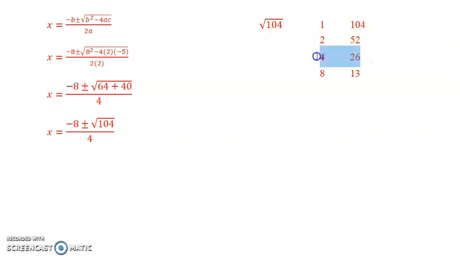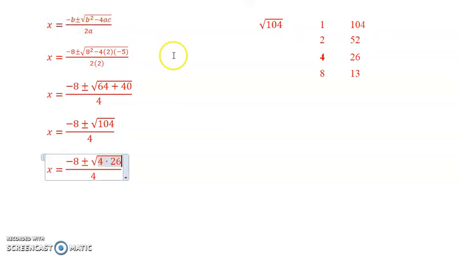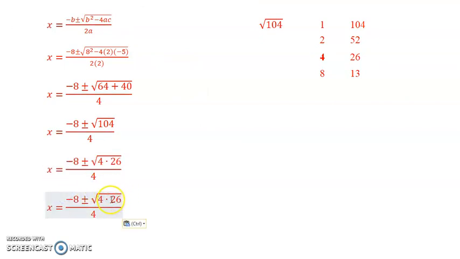So if you recall, we want to rewrite the square root of 104 as the square root of 4 times, and we show that with a little dot if you remember, multiplied by 26. And then we split this into 2 separate radicals.